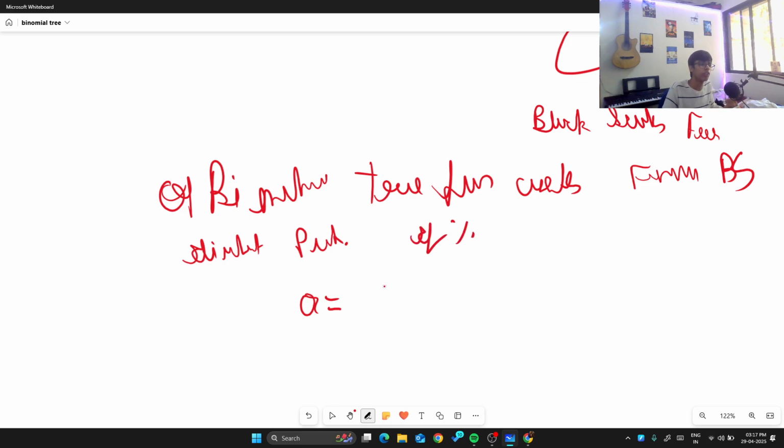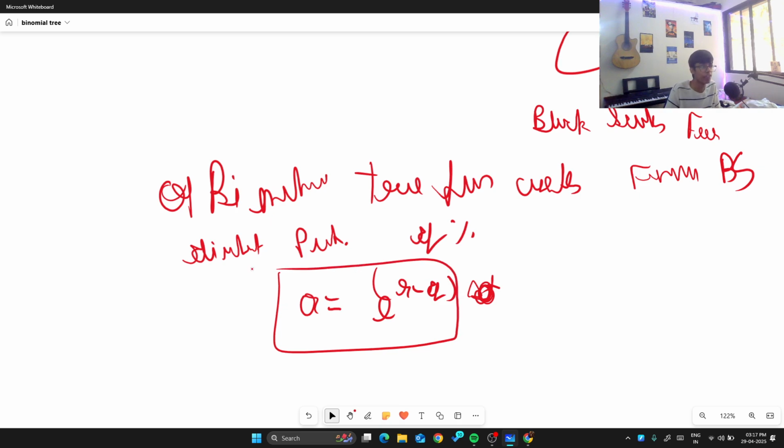So our total risk free rate would be subtracted by the dividend, so our return would be the same. So e^((r - q) delta t) will change, but everything else would be the same. So the probability would be (a - d) over (u - d), where a equals e^((r - q) delta t).